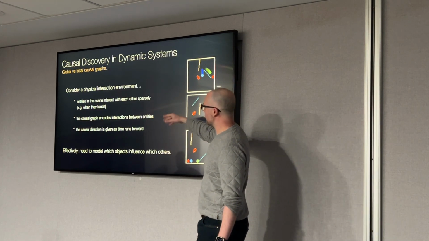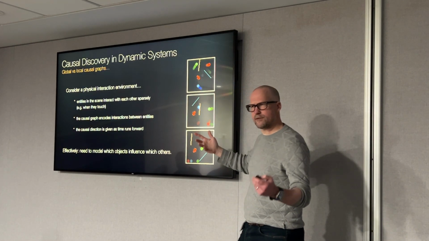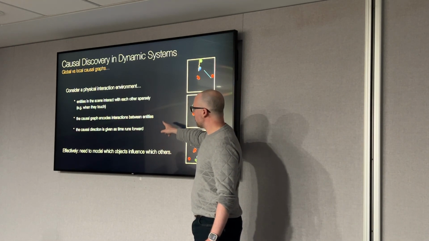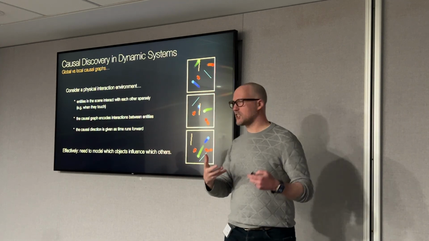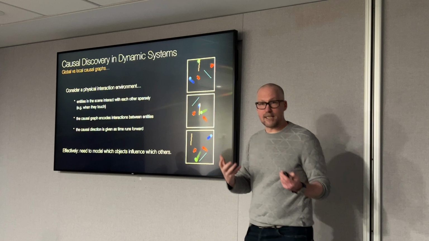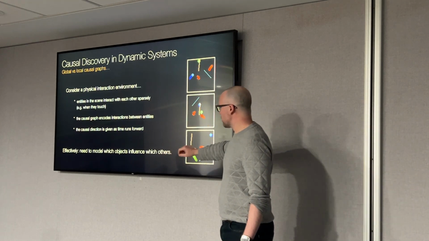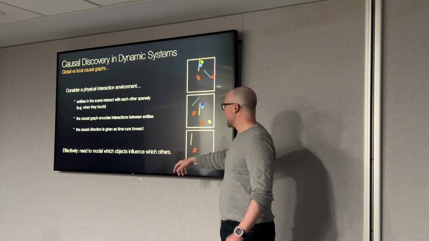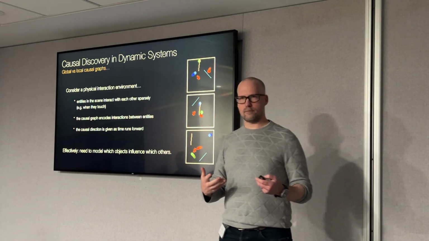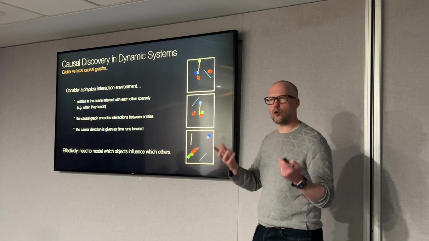The entities in the scene interact with each other sparsely, for example, where they touch, but they don't have to touch, some form of interaction, right? And the causal graph effectively encodes the interactions between these entities. And the causal direction is beautifully given to us because we have time, and time runs forward, and that's good. And so effectively, we want to model which objects influence which others. That's it. That's really what we're trying to do, which is a global causal discovery question.